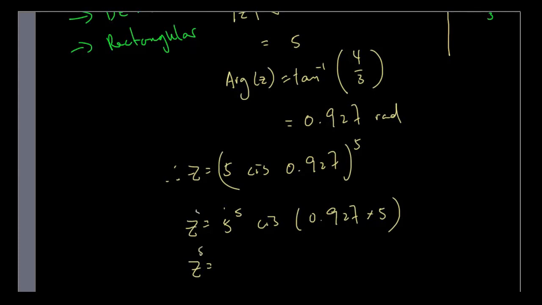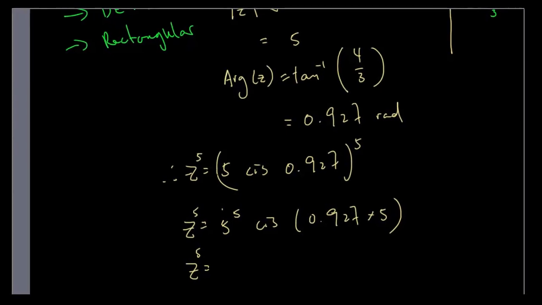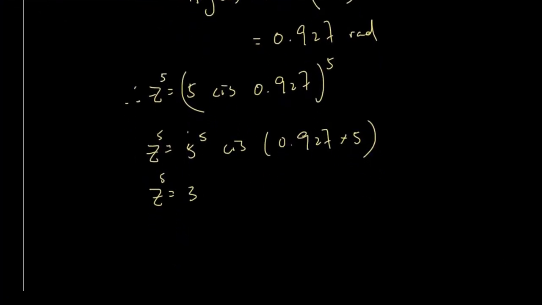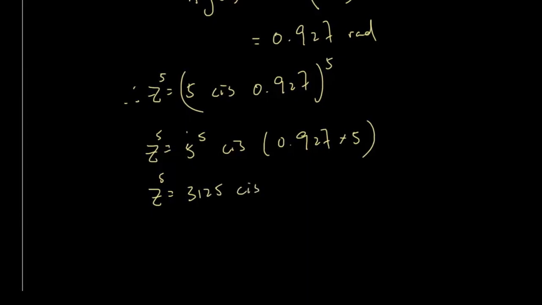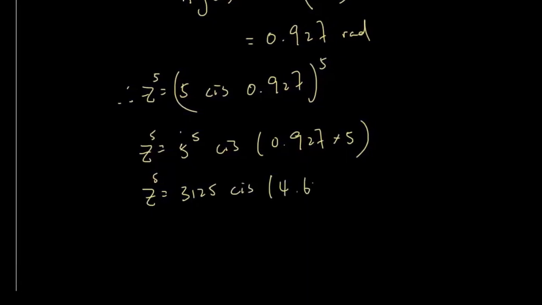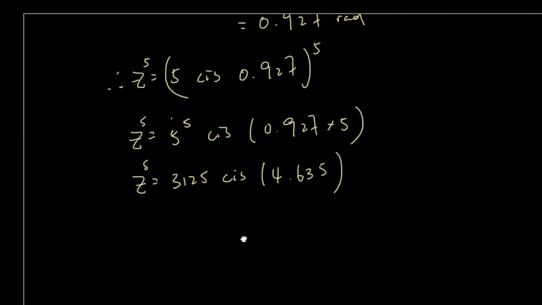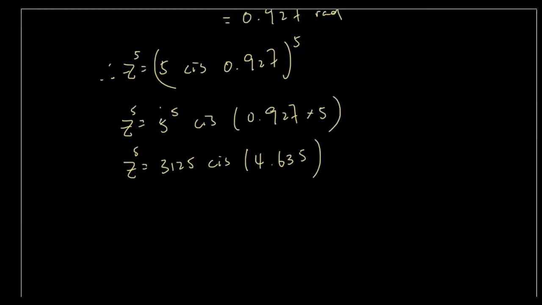Oh, I forgot the 5 here, raised to the power of 5. So that would be 3125 cis 4.635. That's the polar form raised to the power of 5.